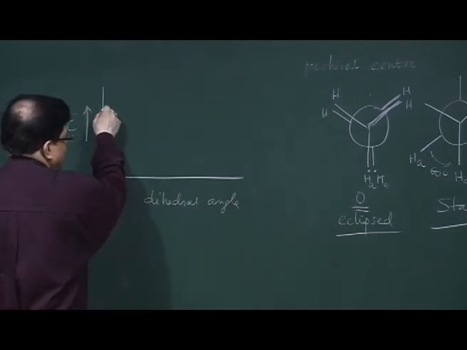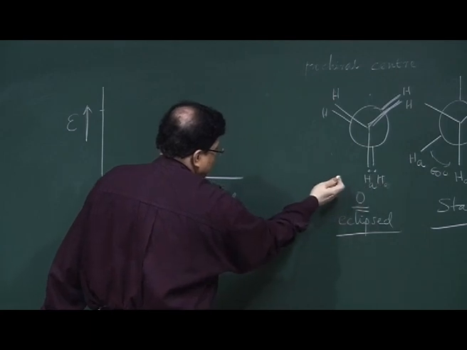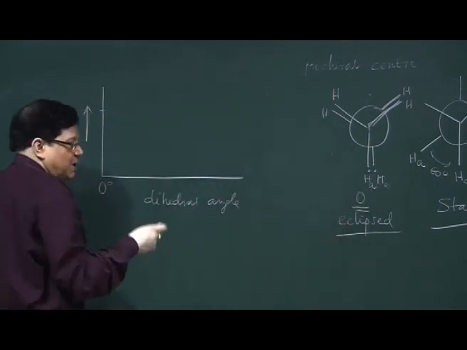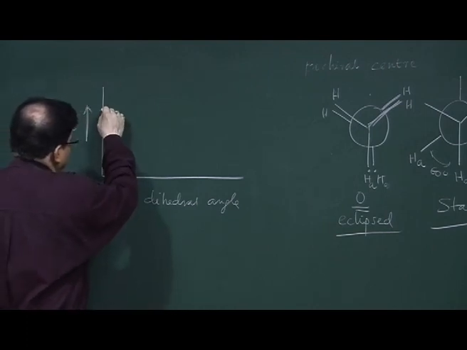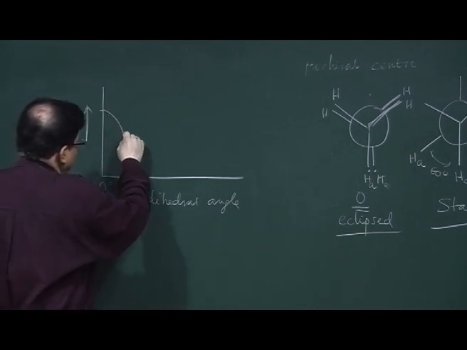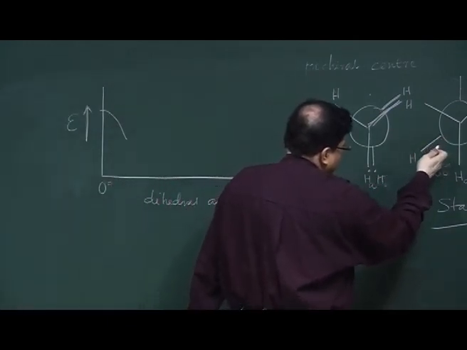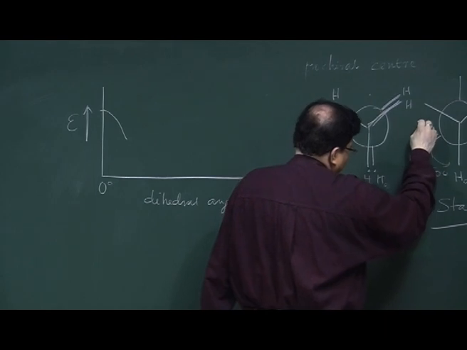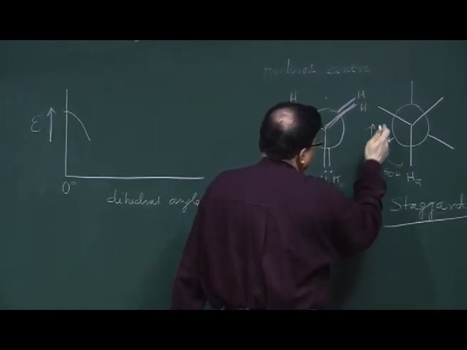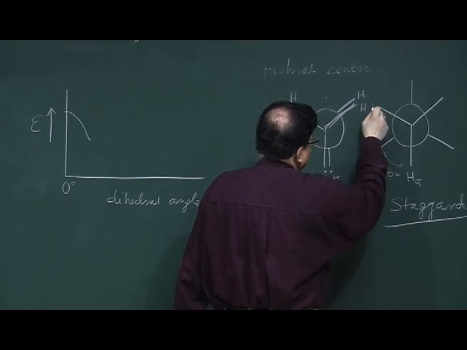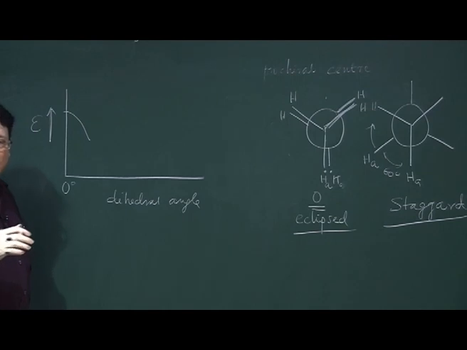So, you start from here, then as you move the hydrogens, energy slowly decreases because that repulsion slowly decreases. So, now ultimately it attains a minimum, but then if you further move it, then this H is now slowly becoming closer to this CH bond. So, the energy starts increasing again.